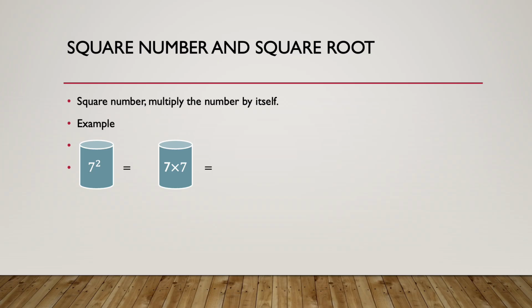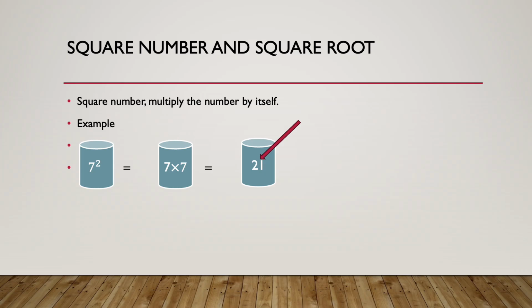So what is the number when 7 is multiplied by 7? 21. So when we have 7 with the exponent 2, we expand it.